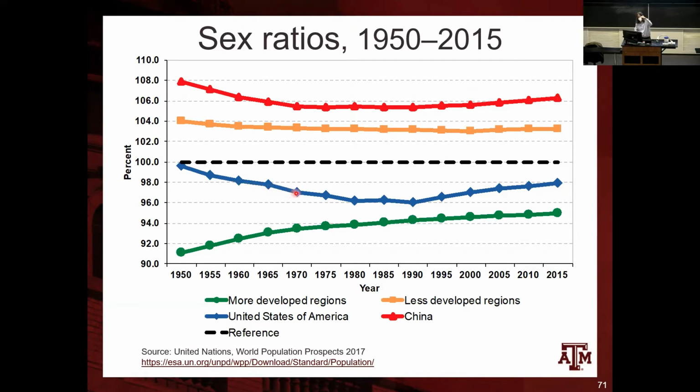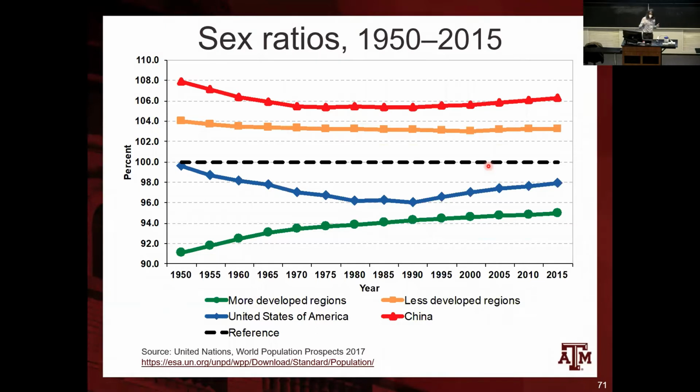So more women in the country, sex ratios decline. And then in more recent years, you start to see improvements in life expectancy of men, more improvement than for women, and that creates an increase in sex ratio. Then you start to have more men, right?